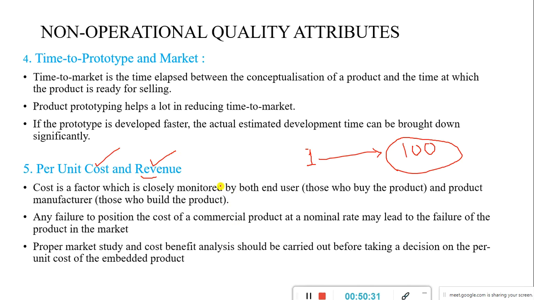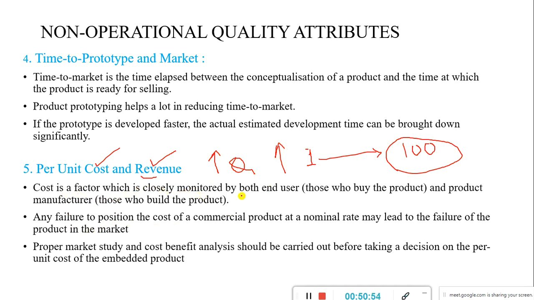If you try to develop at a very cheap cost, there might be cases of failure in the market because sometimes we compromise on quality. So, very important point: without compromising on quality, we have to give the best market price.